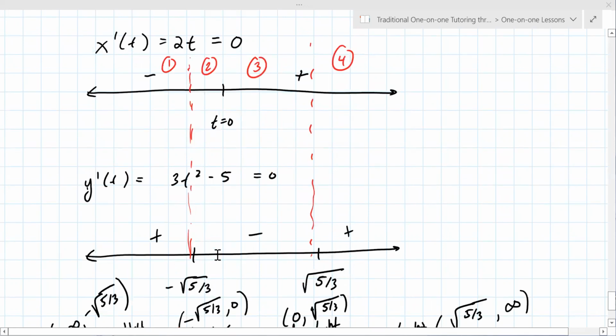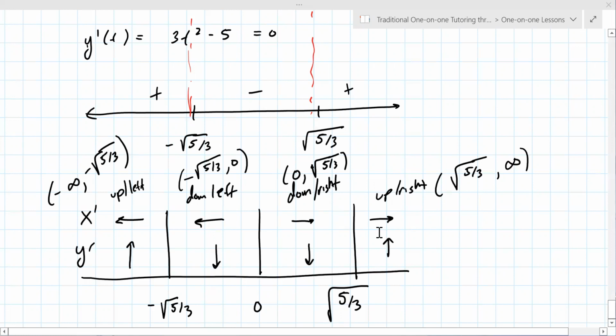And what was the point of doing x prime equal to 0? The x prime tells you whether it's going left or right. Y prime tells you whether it's going up or down. And you're meshing the two: right and up, right and down, left and down. The top one comes from x, the bottom one comes from y.